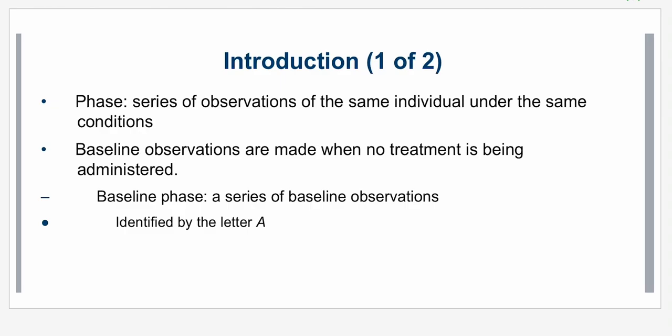So baseline observations are made when no treatment is being administered, and you can go back to the baseline phase if you remove the treatment as well, but this has to occur first, obviously. That series of baseline observations is called the baseline phase, and it is identified by the letter A in research reports and graphs and data reports and things like that.